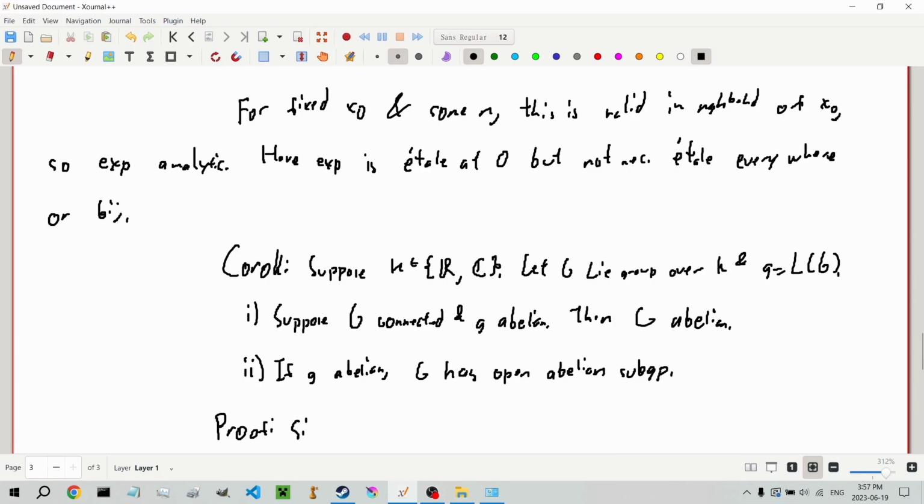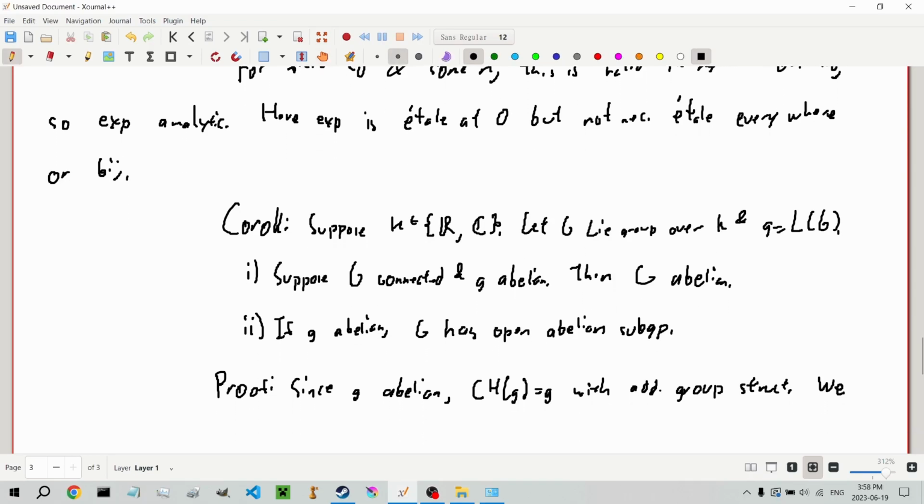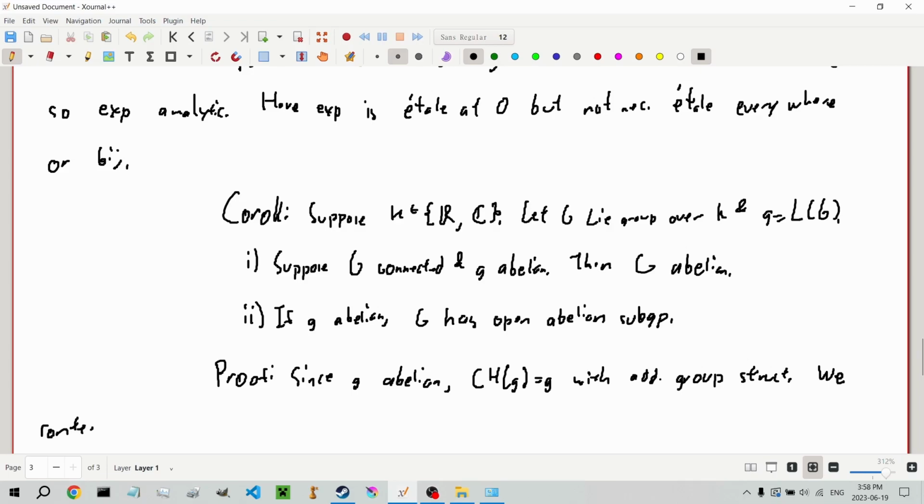First we note that since the algebra g is abelian, the Campbell-Hausdorff group chunk of g is g with the additive group structure. And we contend that the exponential defines a group homomorphism.